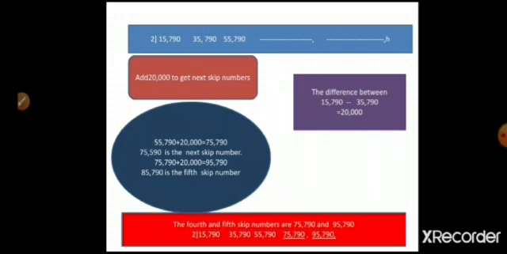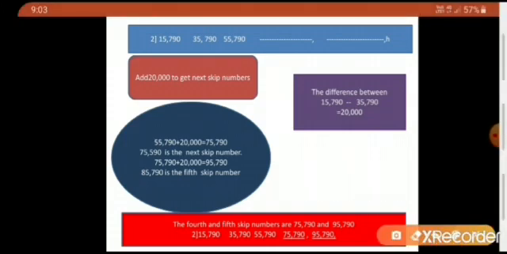The fourth and the fifth skip numbers are 75,790 and 95,790. Now we substitute the numbers in their places. Fill the two skip numbers.